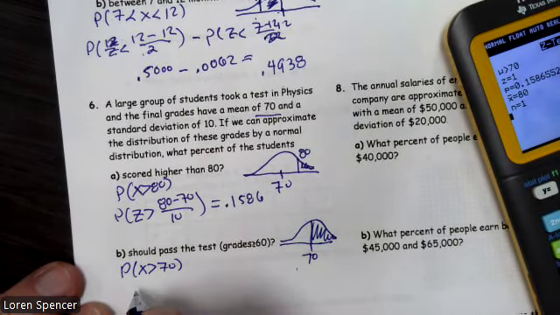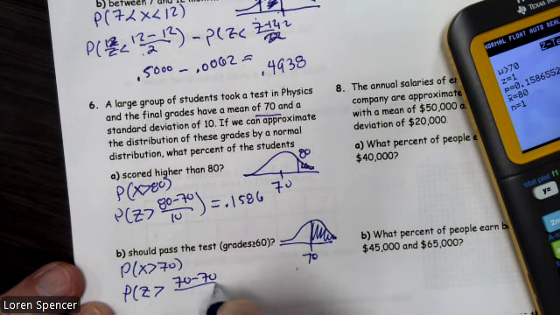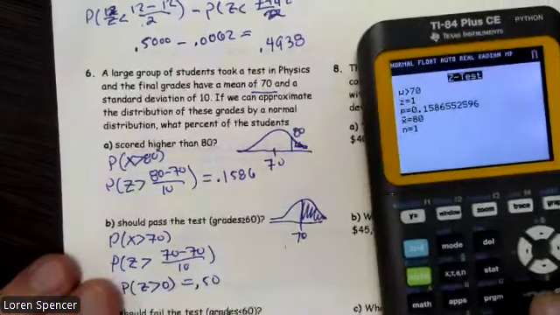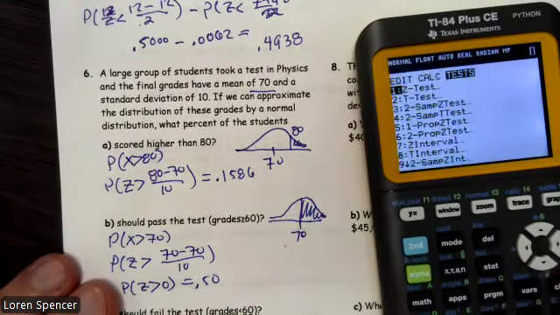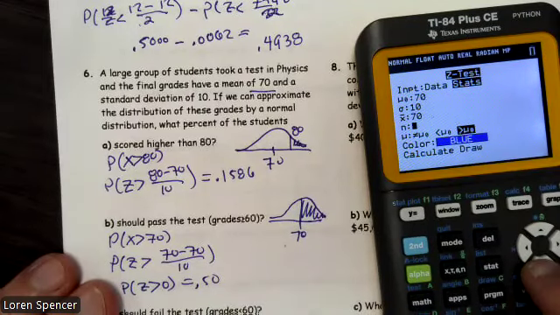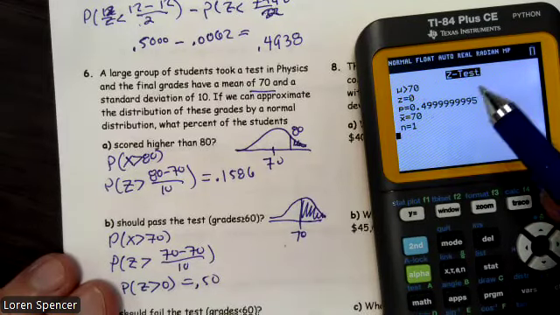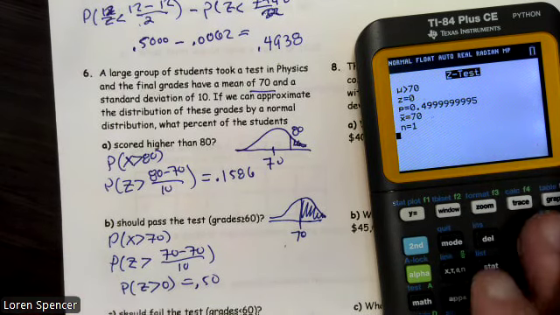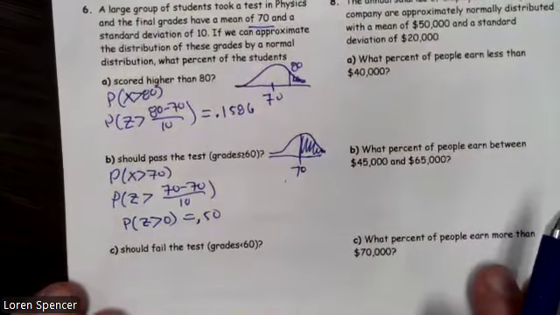Probability that Z is greater than 70 minus 70, oh, that's 0 divided by 10. So the probability that Z is greater than 0 equals 0.50, and I'll prove it to you here in just a second. Stat test, Z test, change that to 70, 0.499999. That's 50.